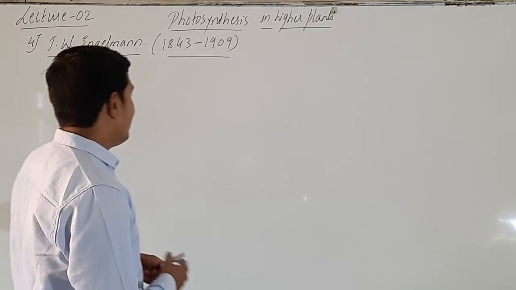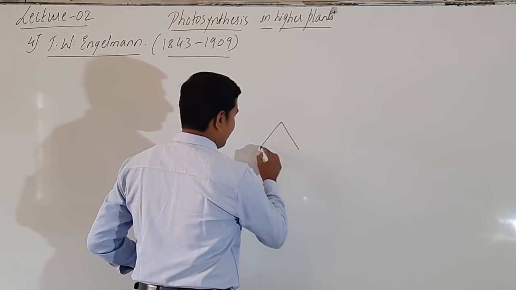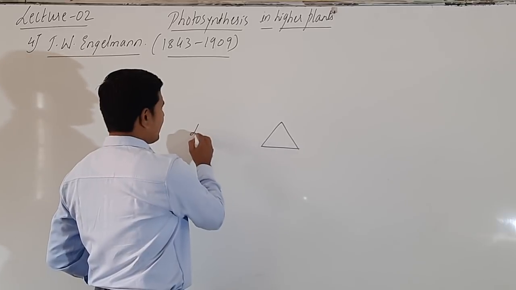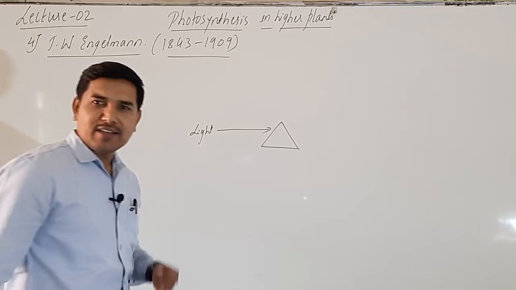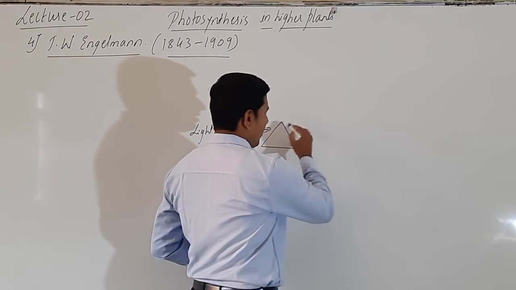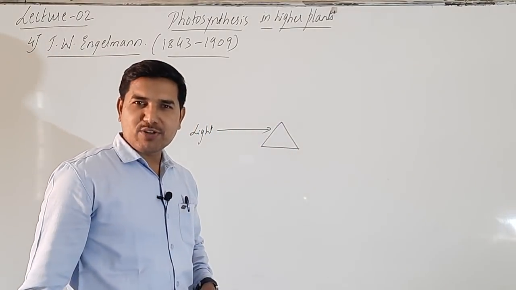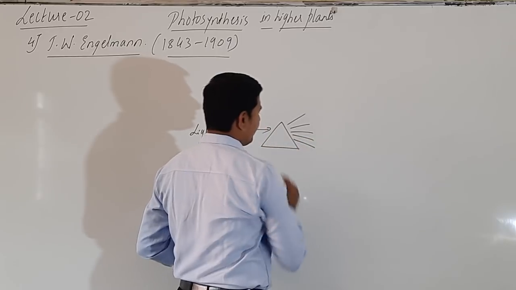T.W. Engelmann took a prism and released light onto it. This light, which we call the visible spectrum of light, splits to form the VIBGYOR colors.